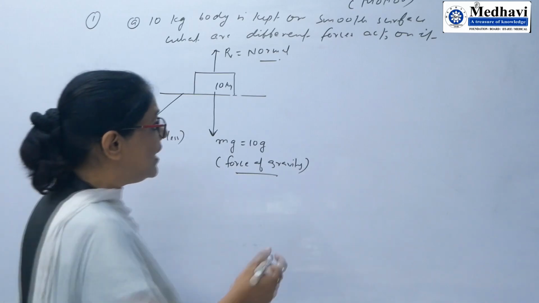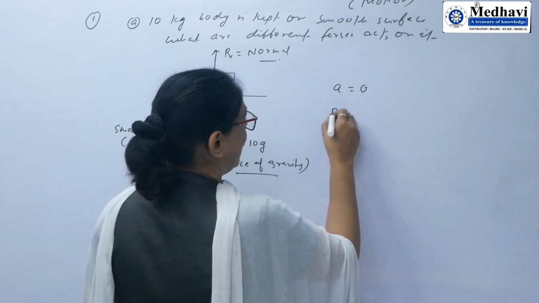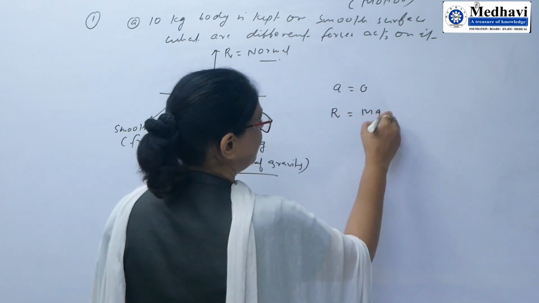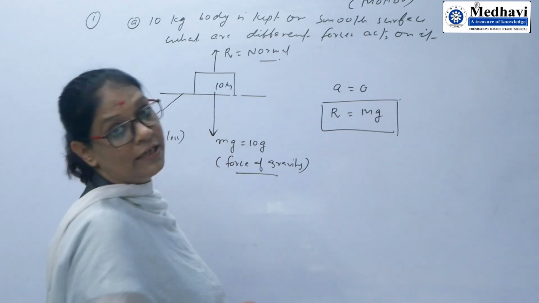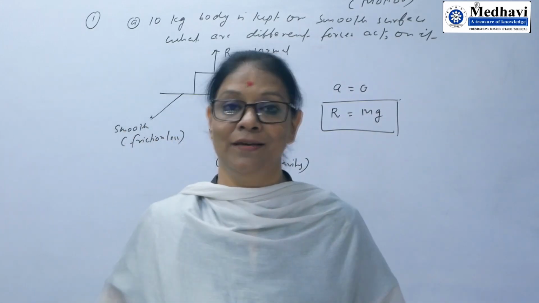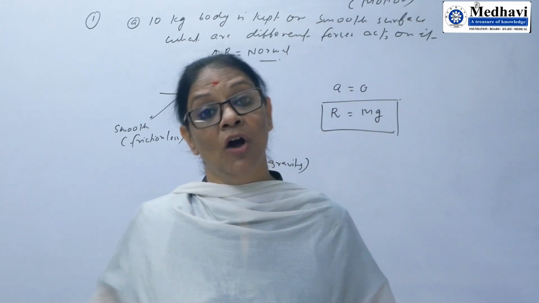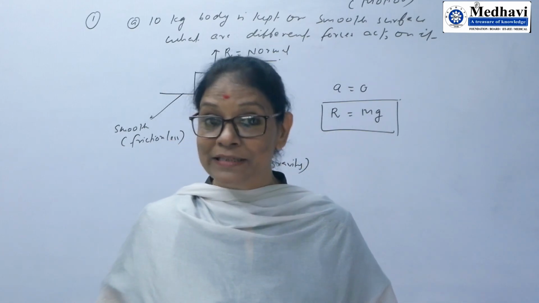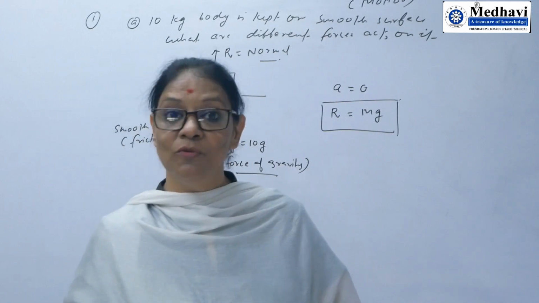And as the body is at rest, its acceleration is 0. You can say R is equal to mg. Very important conclusion: a book lying on the table does not move. Why? Because the force of gravity and the normal force acting on the book are equal and opposite, so the body does not move.